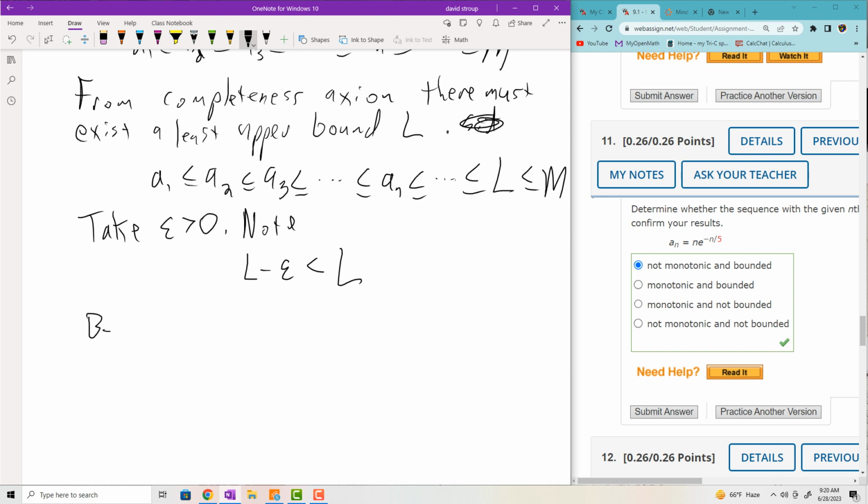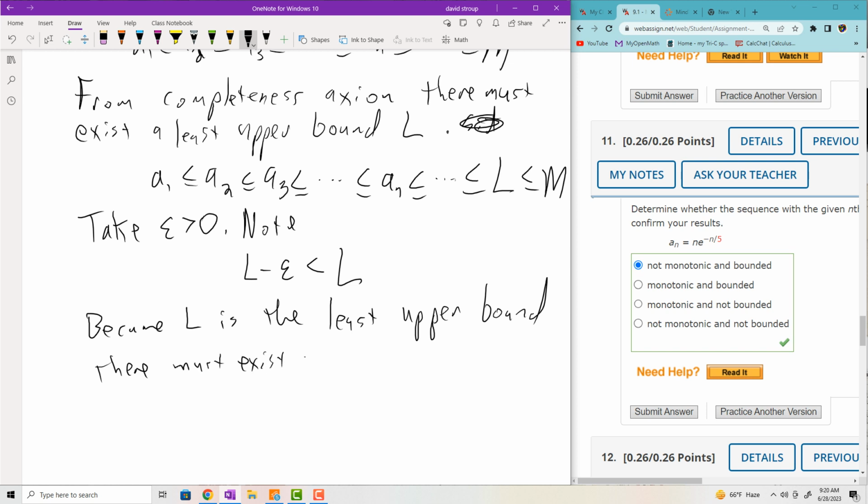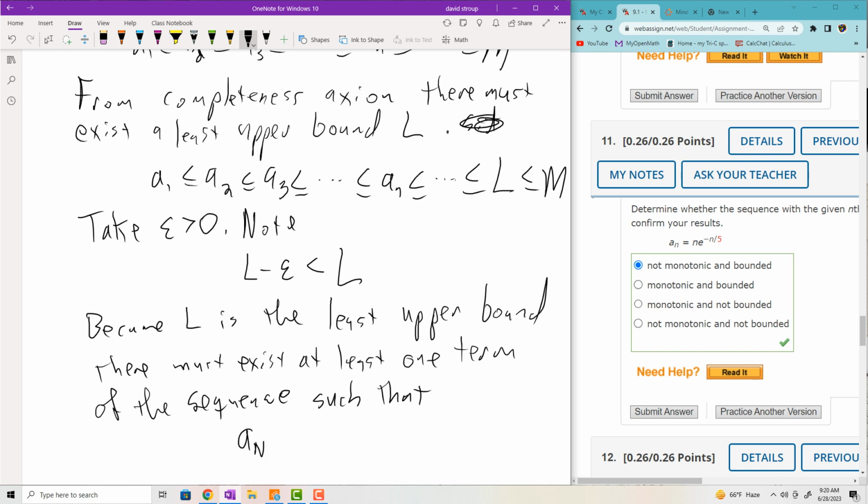And then because L is the least upper bound, there must exist at least one term of the sequence such that a sub capital N is greater than this L minus epsilon.